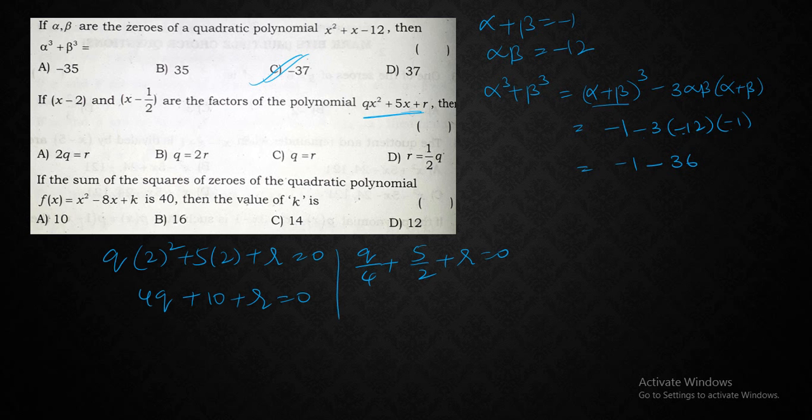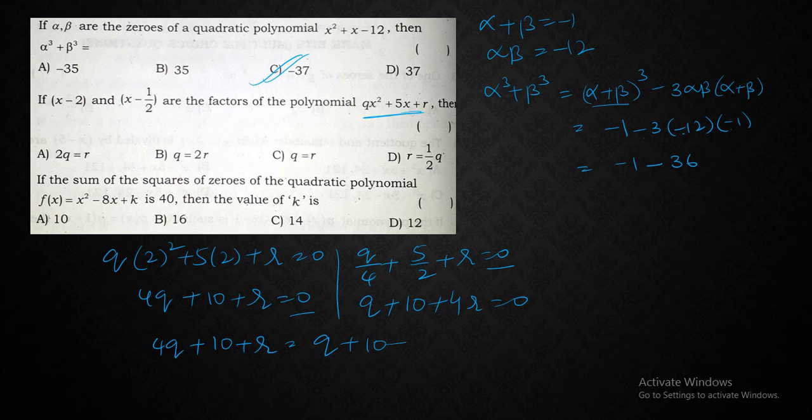Since both are equal to zero, directly you can equate them. So 4q plus 10 plus r is equal to q by 4 plus 5 by 2 plus r. Here I am going to take the LCM, which is 4.